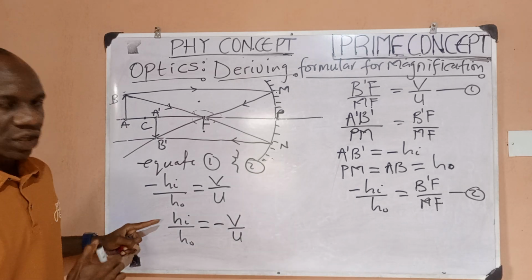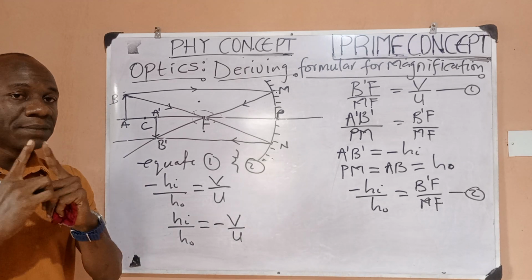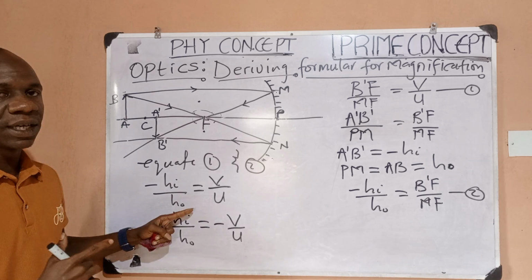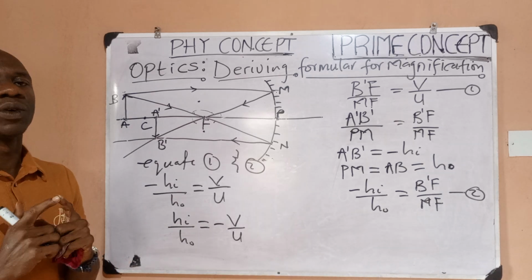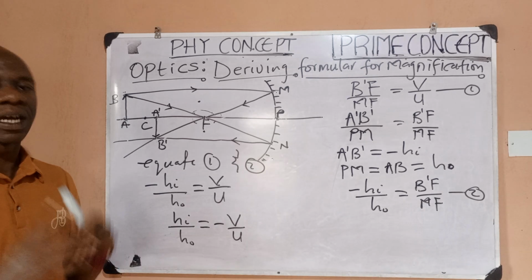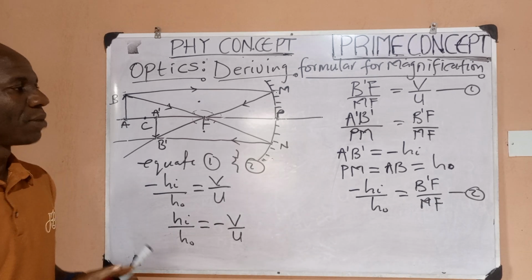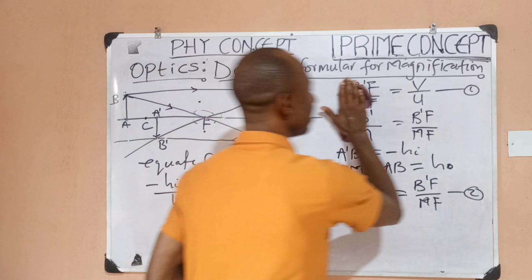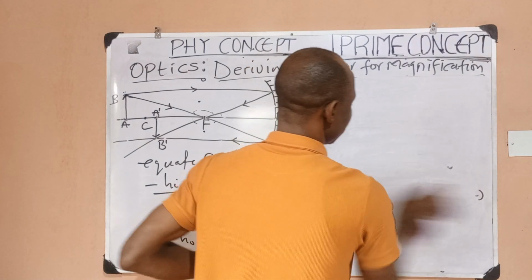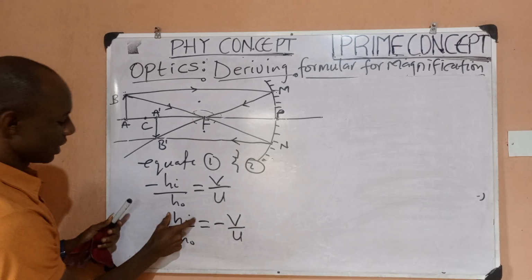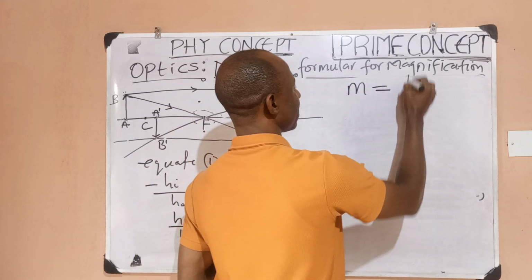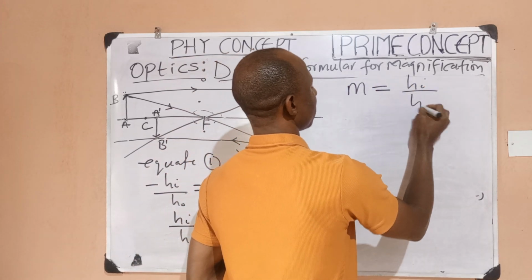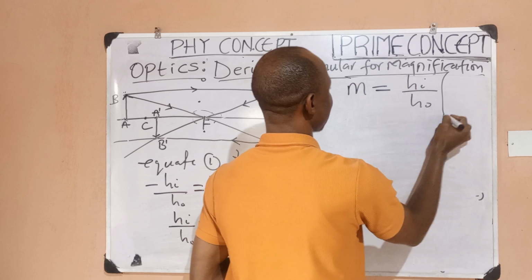You would recall that the ratio of the height of image to the height of object of a mirror is what we know as magnification, and we denote that with small letter m. So magnification m is hI over hO. This is our formula for magnification.